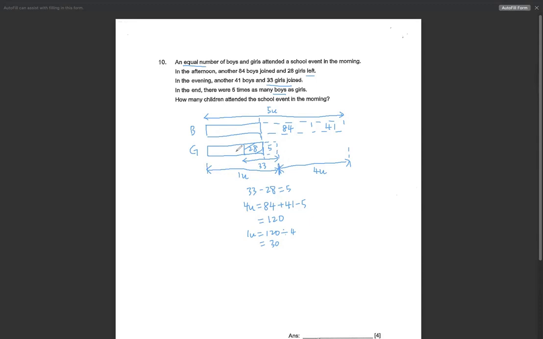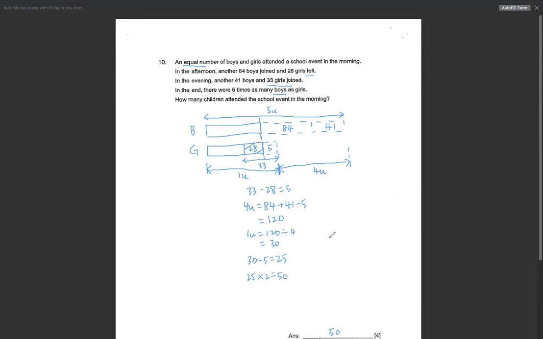So to find the original number of girls, you simply take 1 unit, which is 30, minus the 5. So 30 minus 5 is the original number of girls. Since the boys and girls at the beginning are equal, you just take 25 times 2, which is 50 people originally in the morning. 25 girls and 25 boys. And that's the answer, 50.